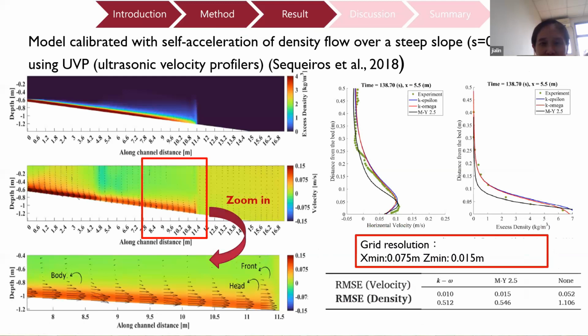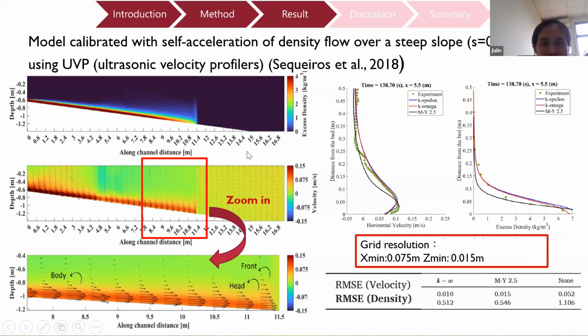So here is a result coming from our hydrostatic model runs. Here shows the density distribution. We can see the high density coming out at the bottom, and also the strong velocity accompanied with the strong density, which is the characteristic of a density current over a slope.